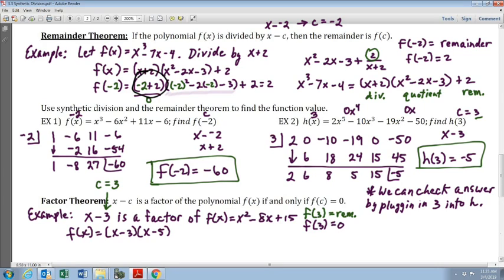We could write f of x in its factored form, x minus 3 times x minus 5. And if you plug in 3, you get 3 minus 3 times 3 minus 5. And of course, 3 minus 3 is 0, and so we're going to get 0 when we multiply there. And so you can see that that's true.